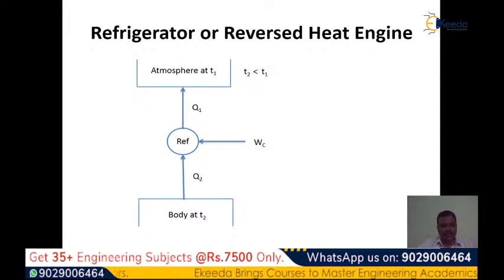So here one very important thing is that the temperature T2 is less than the temperature T1. So always heat transfer takes place from a body at lower temperature to the atmosphere, which is at a higher temperature than the body, and then some external work has to be used.